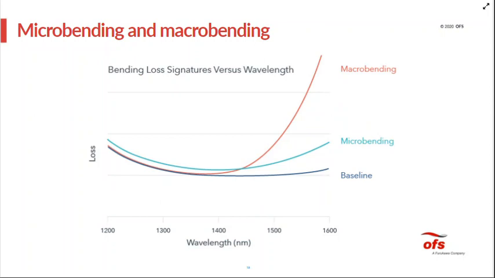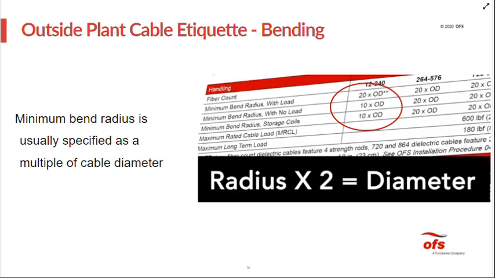With macro bending, where the cables and the fibers are just bent way too tightly, you can see that loss increases pretty dramatically. So bending is a very important thing that we are focused on, just making sure that we treat it properly. I'm going to turn it back over to Howard to talk about how we manage that.